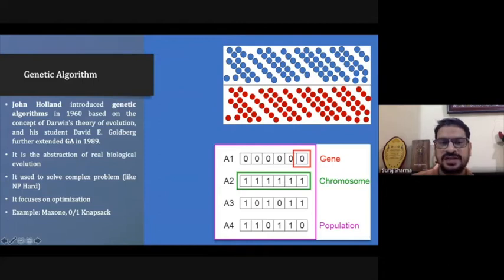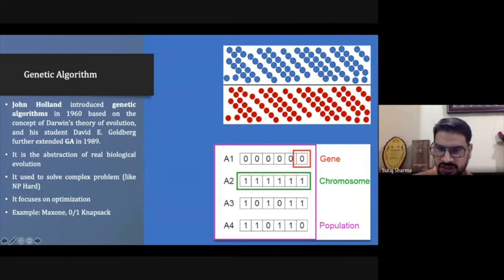So in the genetic algorithm, we use some terms. What are the terms that we'll use? A1, A2, A3, A4 are called the population. Now, A1 or A2 is called a chromosome. One chromosome is built up of different genes. One particular unit of the chromosome is called a gene.